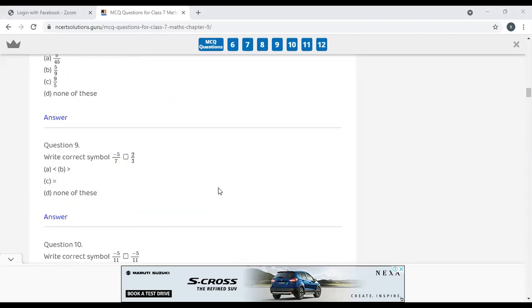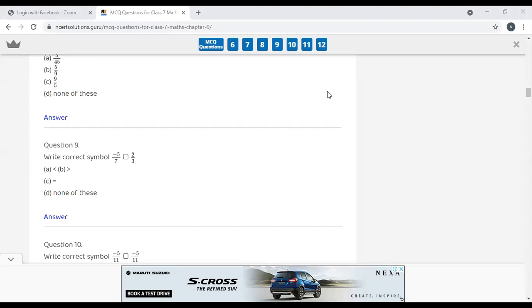Next is: write the correct symbol, -5/7 or 2/3. Which one is greater? Actually, 2/3 is positive, and a positive number is always greater than a negative number.